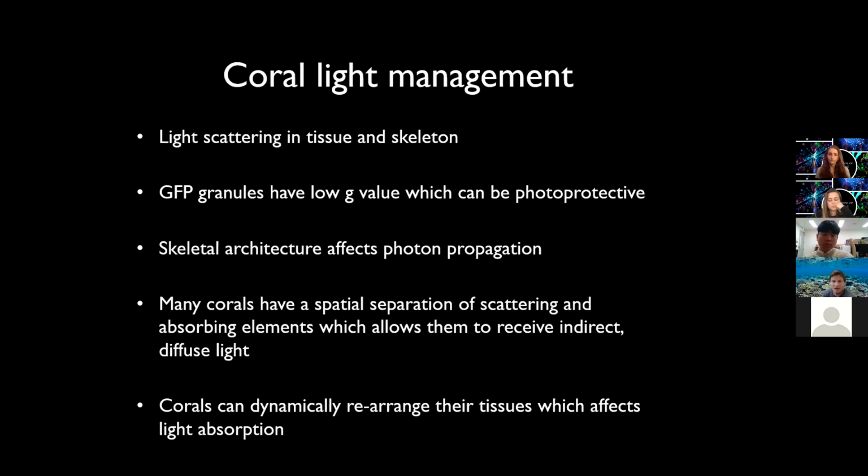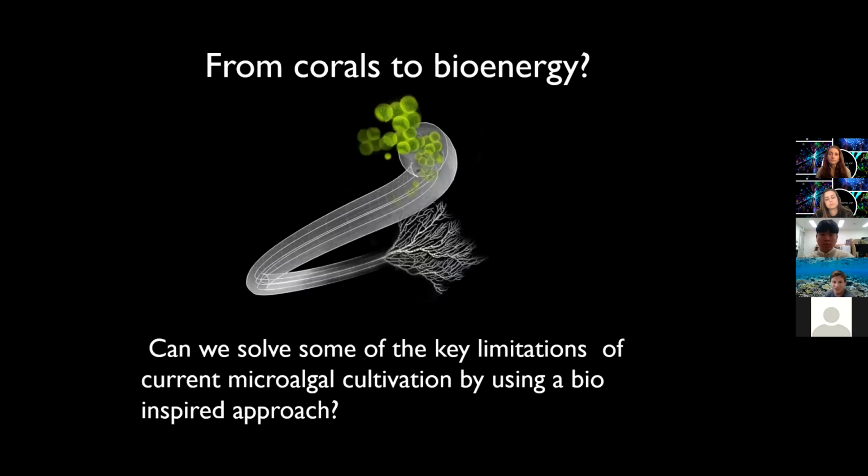Now, my hypothesis was that, well, if they're so good at using light, and people are trying to cultivate microalgae for bioenergy and bioproducts and so on, and they have lots of troubles actually with optimizing light regulation, can we use some of these strategies? Can we solve some of the key limitations of microalgae cultivation by using a bio-inspired approach?